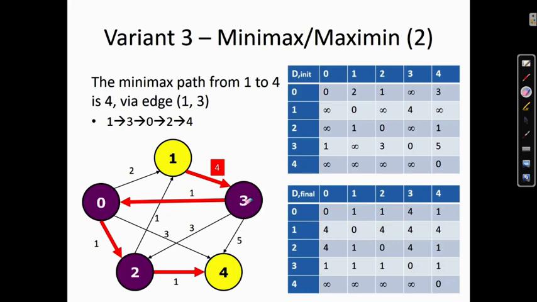And of course I have found this path where every other edge, 3, 0, 1, 2, and 2, 4, are only weight 1. So 4 is the smallest maximum edge. So this is the third variant, solving the minimax or the maximin problem.